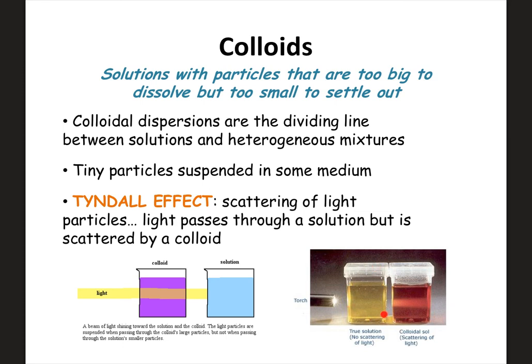In a true solution, the light just passes right through, but in the colloid solution, you actually see this scattering of the light taking place. And that's what you would expect to take place in a colloid. Again, this is just a solution in which the particles really don't dissolve, but they're also not settling out. So they're kind of suspended here in the solution.